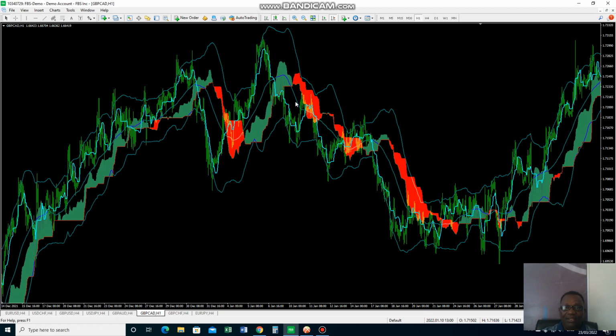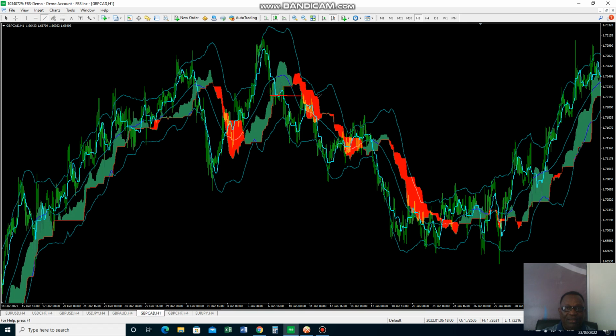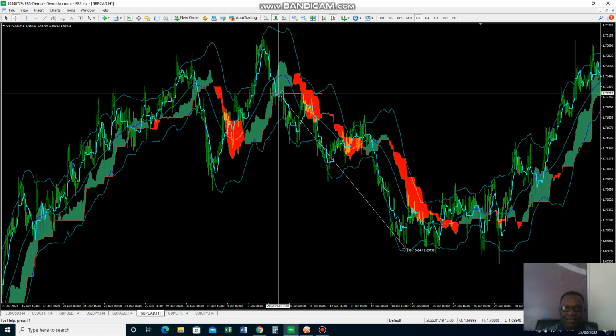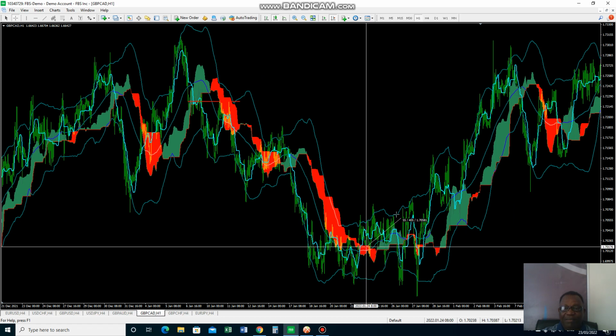Now, when I look at the board and I'm seeing my red here, I can say once the price breaks the Ichimoku here and closes below it, my sell starts from here. So you can use it to take your entry, take a sell. Once the price breaks the green, the red, and closes above it, my buy starts from here.